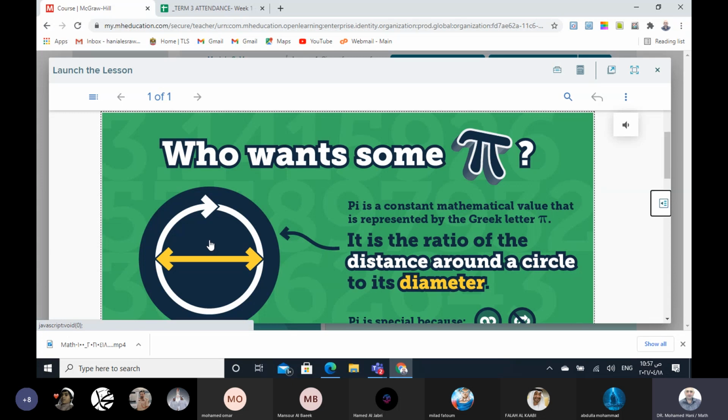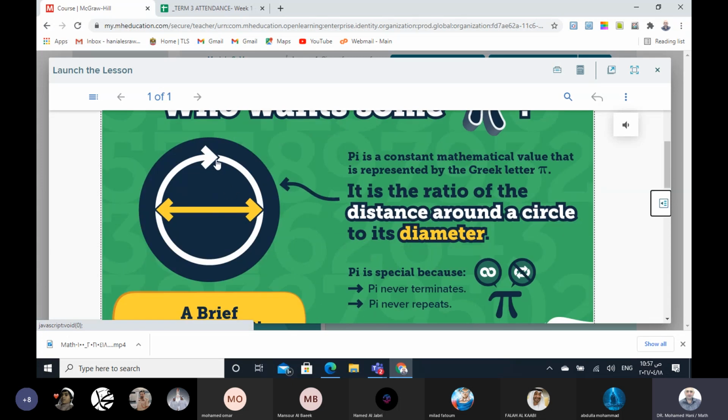But as you see here, we have a circle. If I start from this point and do the whole turn to the same point, we make a circle. The name of the white line here is the distance around a circle, or circumference.